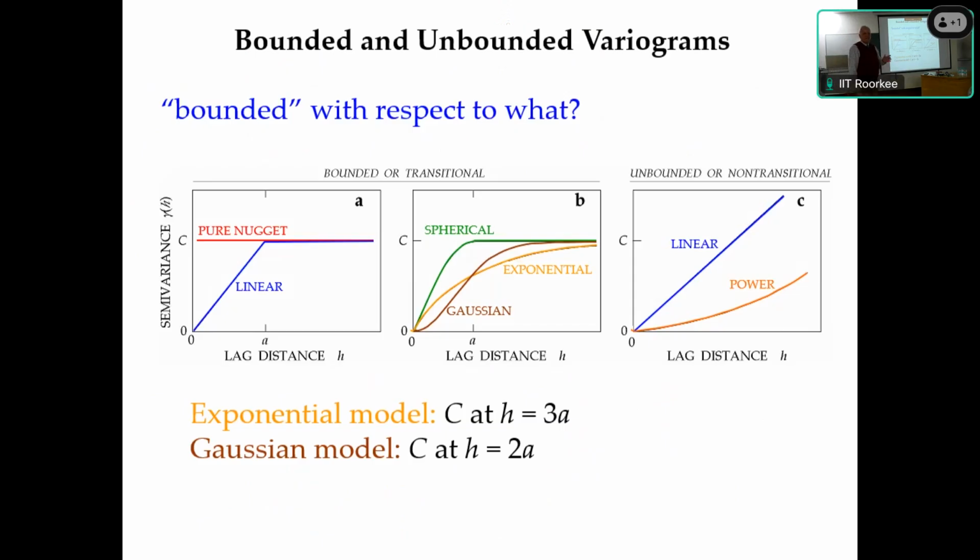Pure nugget effect is what we assume for using Fisher statistic. Does anybody test whether observations in an experiment with randomized plots using ANOVA fulfill the nugget effect? Nobody does that.